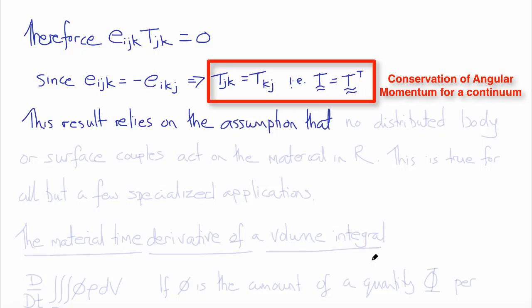And in practice, this is true for all but a few very specialized applications in unusual materials and unusual conditions that we don't have to worry about. So for all practical purposes, conservation of angular momentum requires that the Cauchy stress tensor be symmetric.